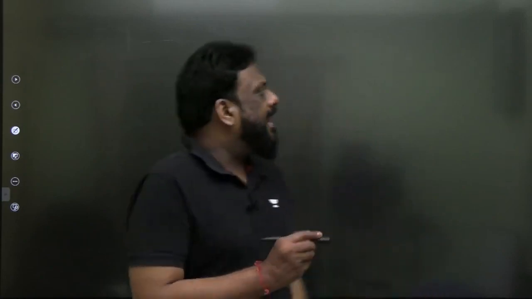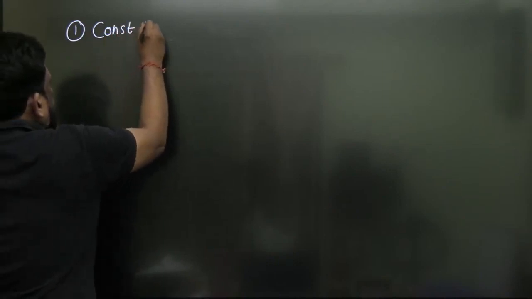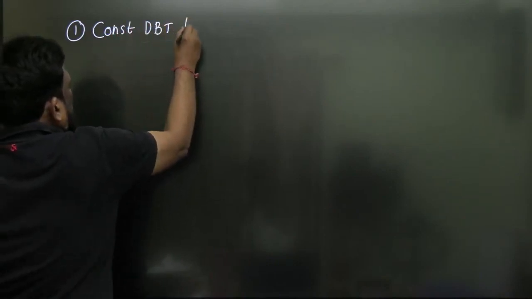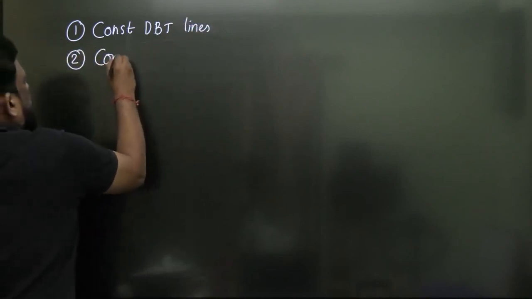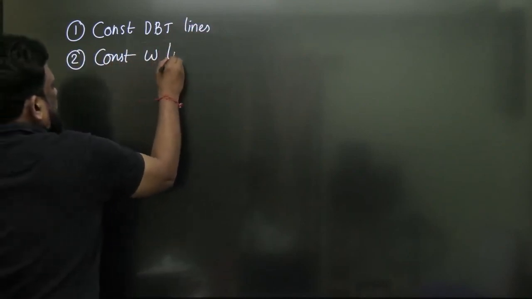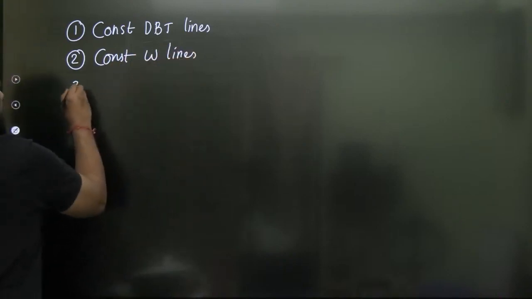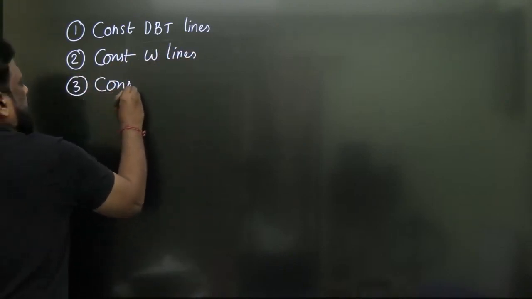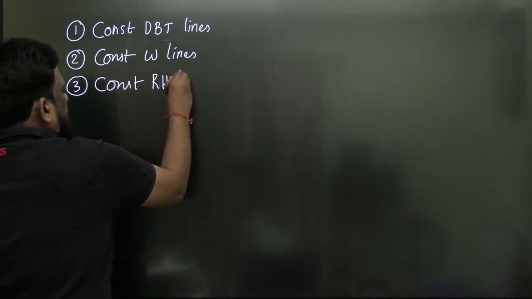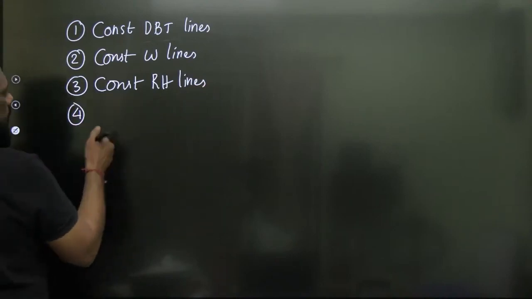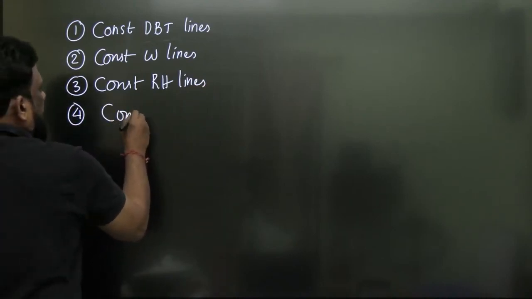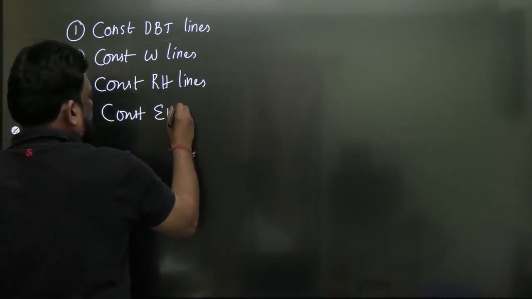कल हम देखे थे first constant dry bulb temperature lines. The second line was constant omega lines. And third is constant relative humidity lines. And the fourth is constant enthalpy lines.